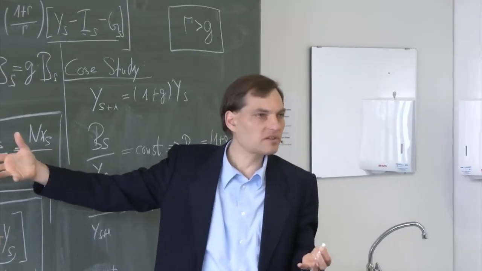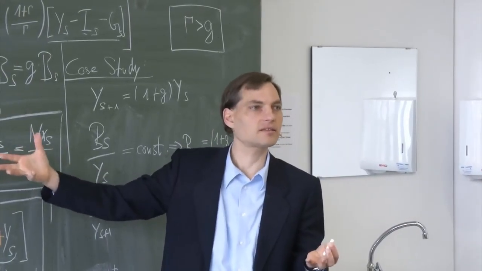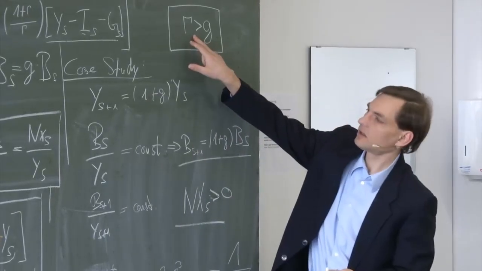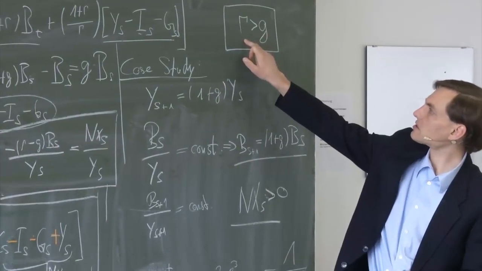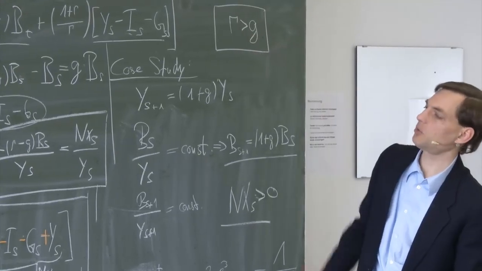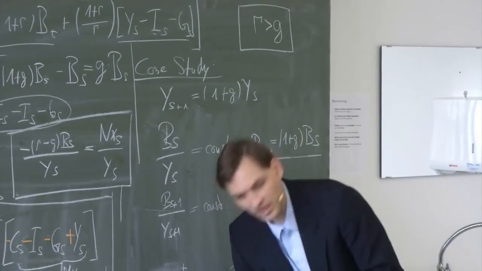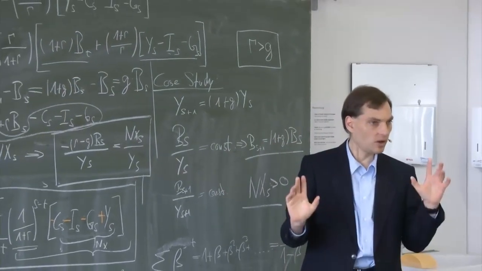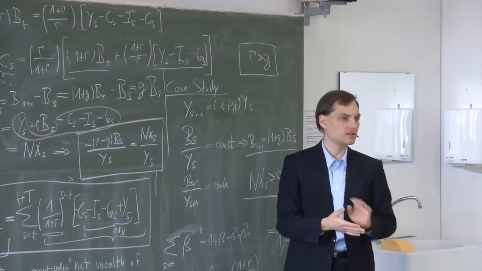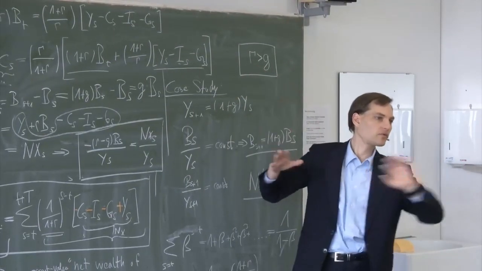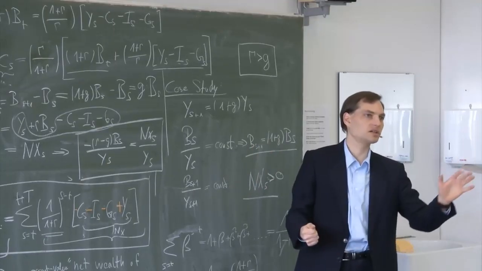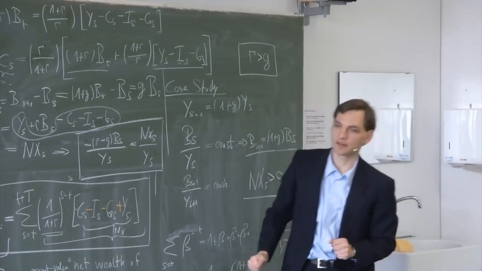It moves in the opposite direction. Then it does not make any sense. So this condition only makes sense if we also assume that the interest rate is greater than the GDP growth rate. And this is, by the way, the case in normal times. Let me emphasize this. So this holds if we look back over the past 100, 200 years.